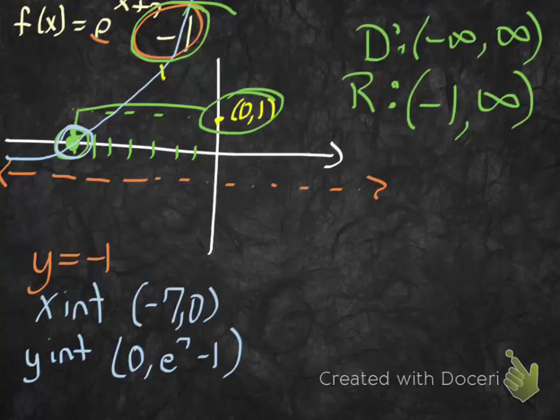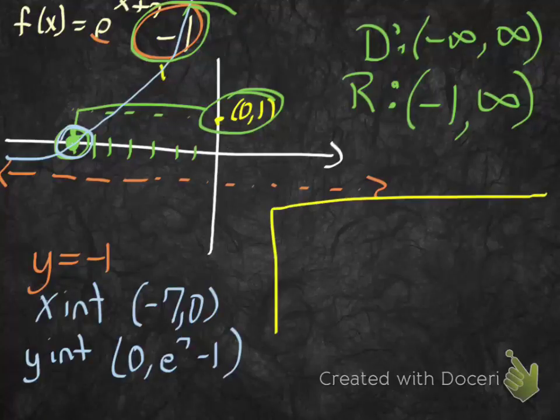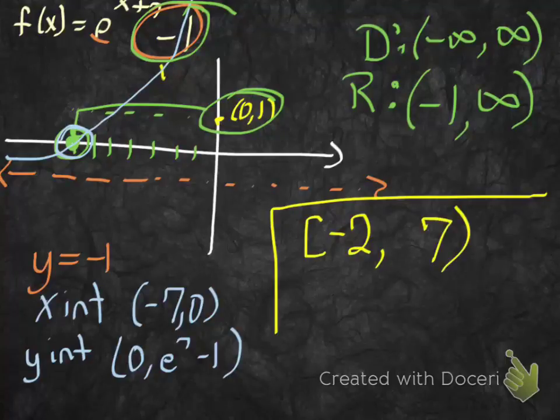Now, the last type of question that they're going to ask on these problems is they're going to give you what is the max and min values over the interval of negative 2 to 7, close bracket.